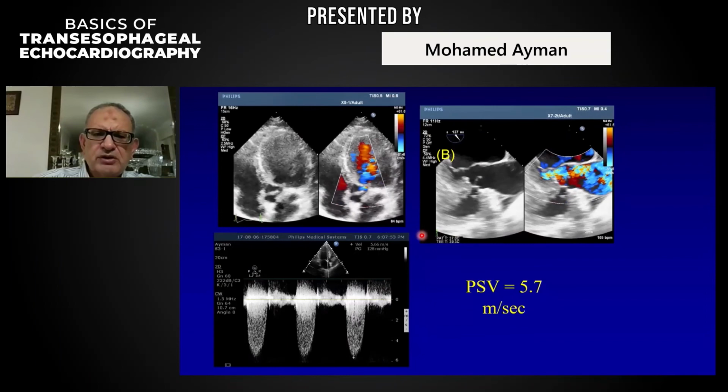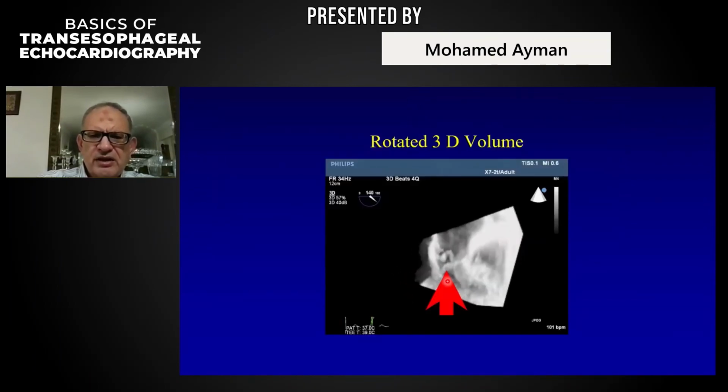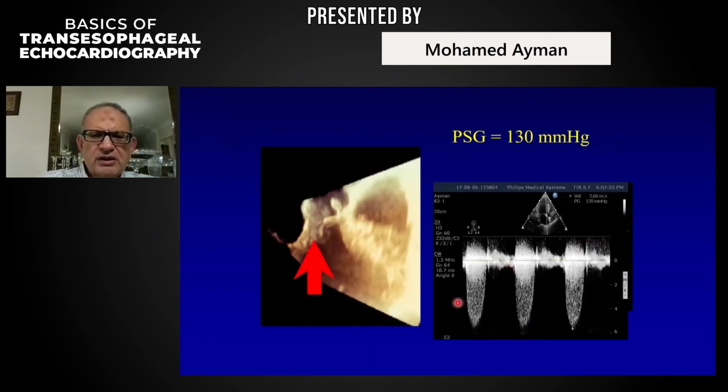Actually, this membrane was causing a significant obstruction, and this is a 3D volume for the patient. And as you see here, this is the left ventricle, the interventricular septum, and this is a part of the right ventricle. What is of concern here is the outflow tract of the left ventricle. You can see this is the subaortic membrane obstructing the outflow tract.